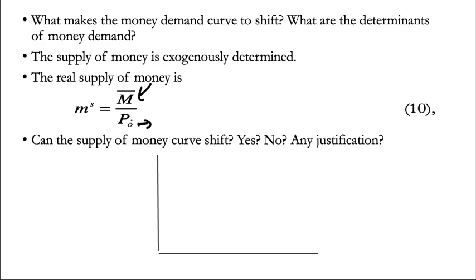And can you see it does not depend on the interest rate? So if we try to draw it, we have interest rate on the vertical axis and money, and then it becomes this, okay, real money supply.